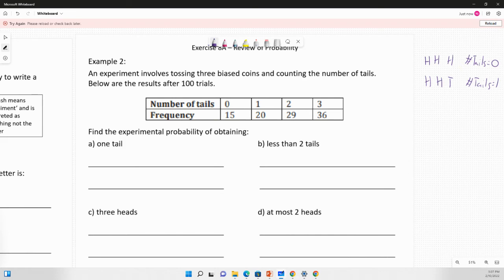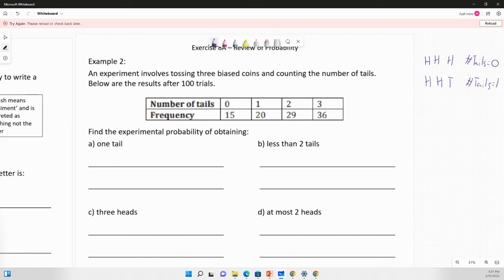So now let's have a look at interpreting this information to find some experimental probabilities. The experimental probability of obtaining 1 tail. This column here represents the number of times where they got 0 tails. That happened 15 times.